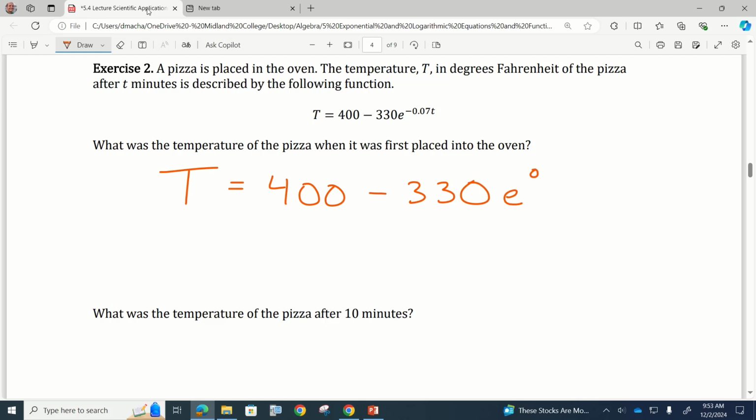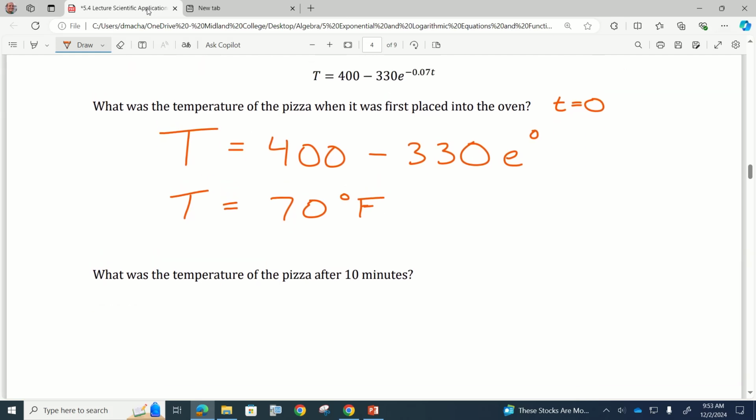Yeah. If it was just barely placed in the oven, then 0 minutes have passed. And e to the power 0 is just 1, and 400 minus 330 is 70. So the temperature of the pizza was basically room temperature when you first put it into the oven.